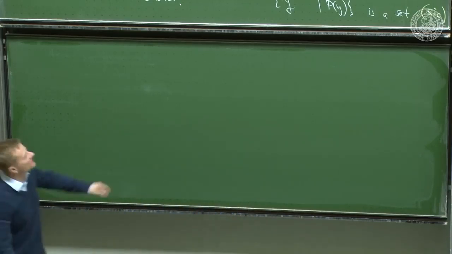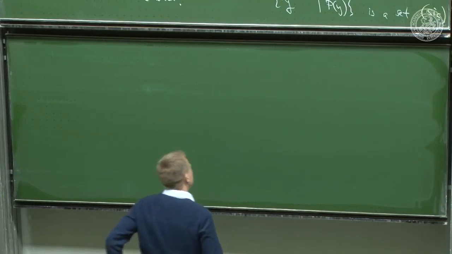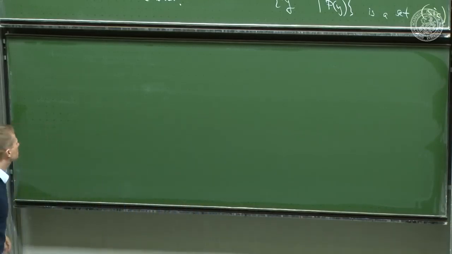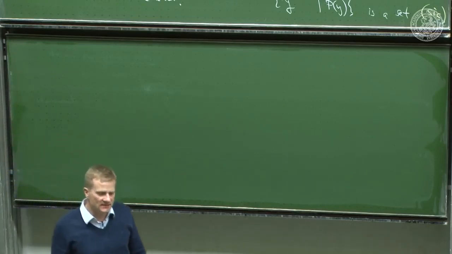So the final axiom of the section is the axiom on power sets. And we all know what a power set is. The power set is the collection of all subsets of a set, right?